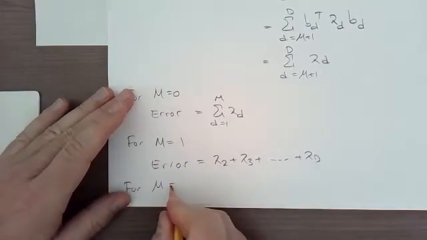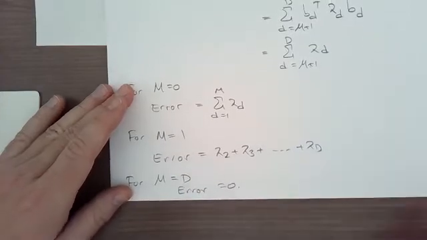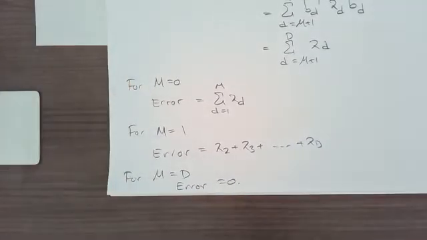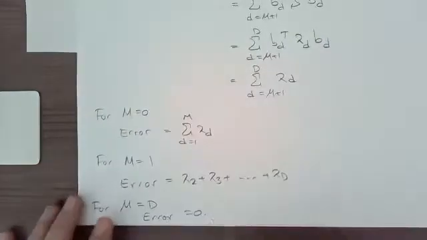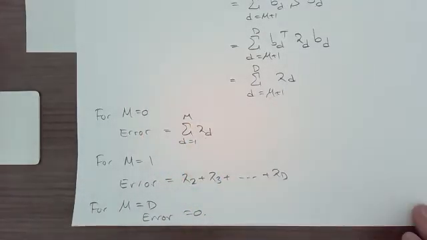For m equal to D, the error is 0. So that's what we saw in the example. We saw how this error moves depending upon the size of the subspace that you're projecting on.